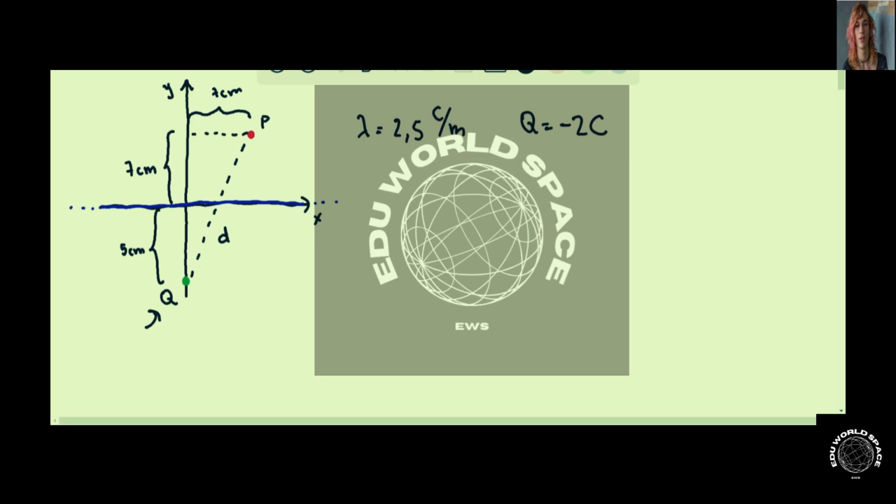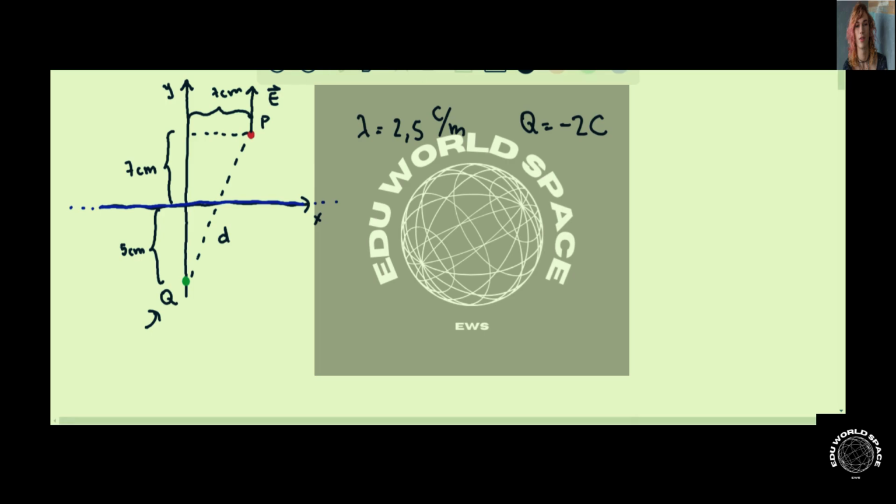Since the thread is positive, we will have an electric field only in the y component, because it is an infinite thread, so all of the x components of the electric field cancel each other and we will only have the vertical component.